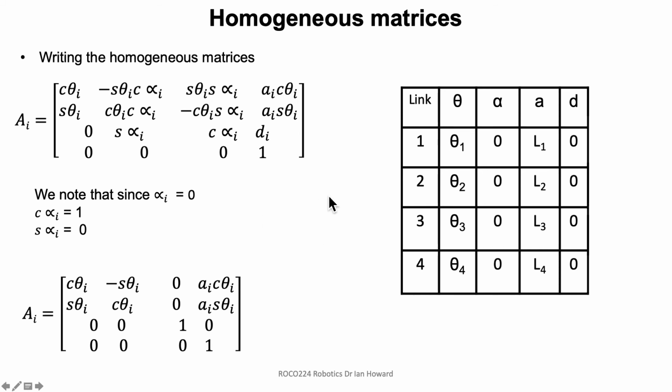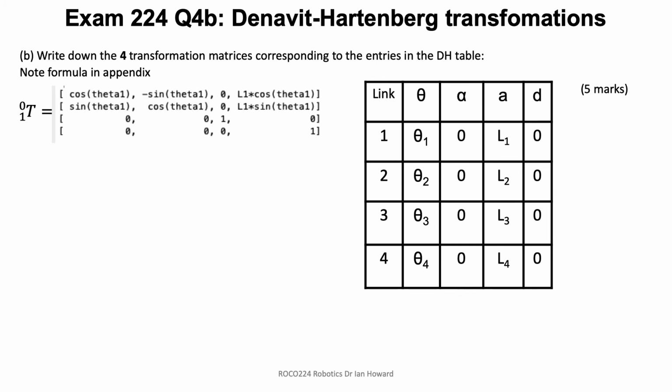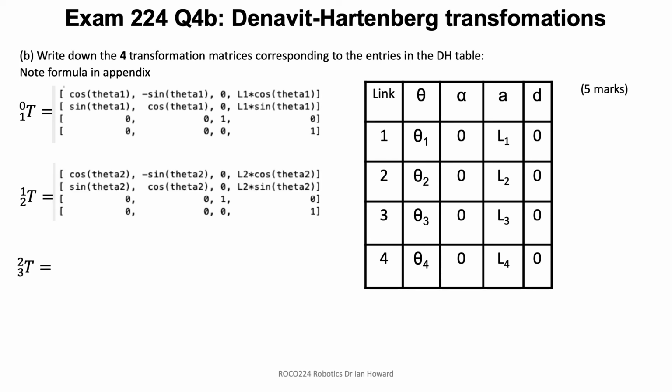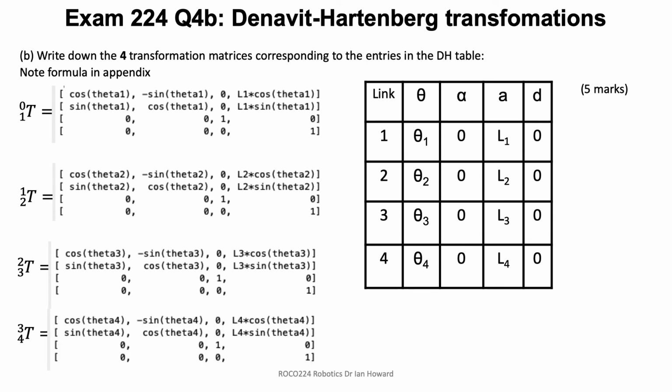What we need to do then is for each link, we need to evaluate this homogeneous transformation. So for the first link, we'll put in the values with theta 1, L1, second one for theta 2, L2, and so on, until we do that for all of them. So they're all of the same form, except we have the respective theta 1, L1, theta 2, L2, theta 3, L3, theta 4, L4 values for the corresponding transformations for those corresponding linkages.